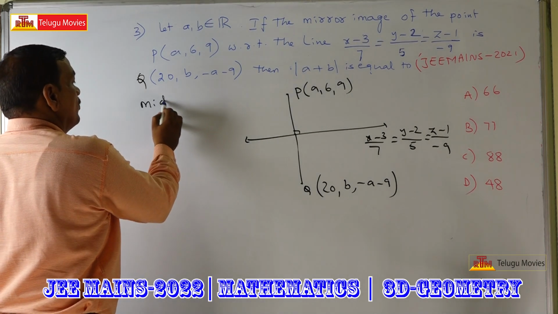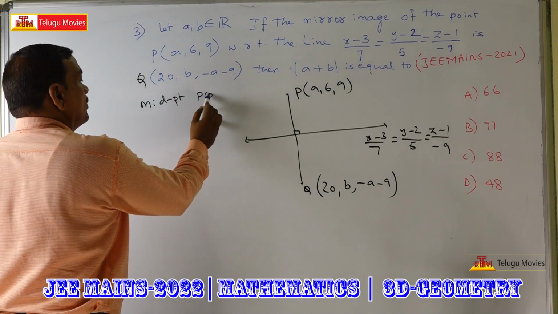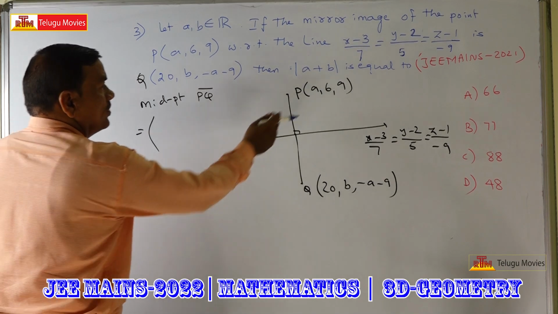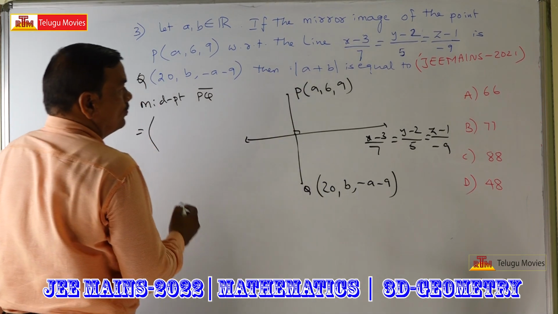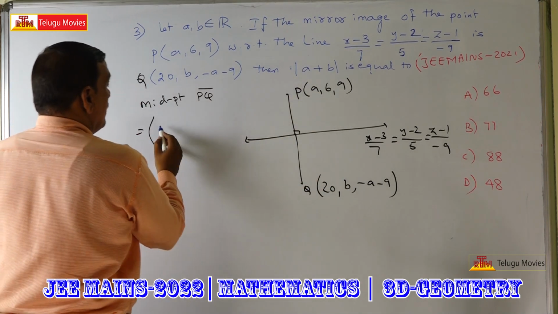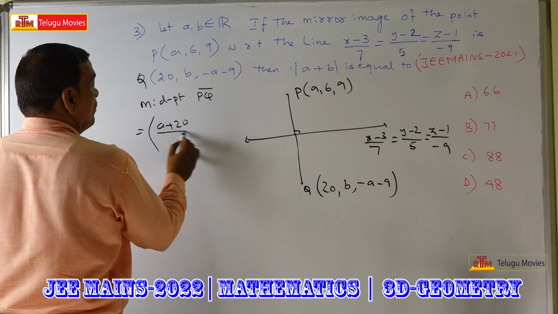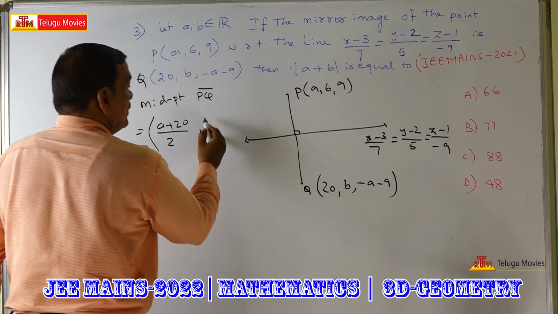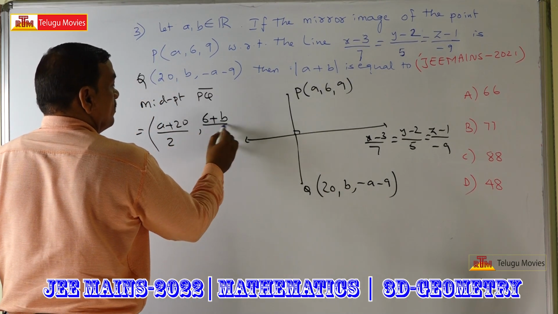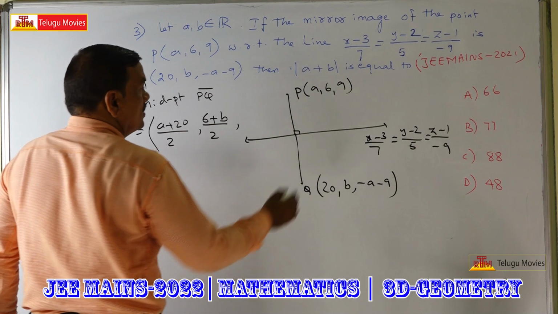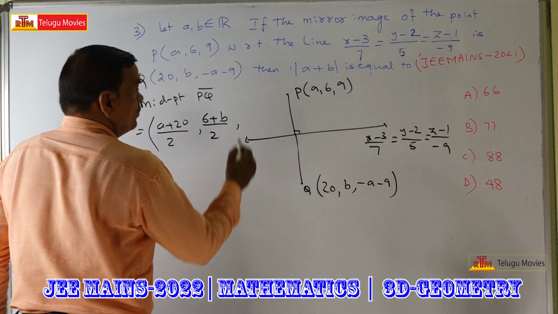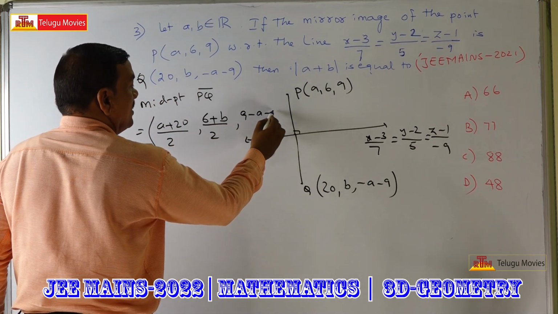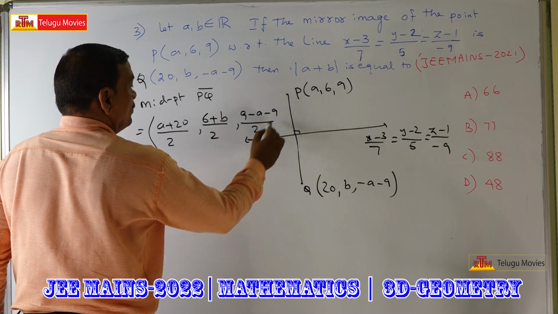What is the midpoint of PQ? (x1 plus x2)/2, that is (a plus 20)/2 comma (y1 plus y2)/2, that is (6 plus b)/2 comma (z1 plus z2)/2, that is (9 minus a minus 9)/2.